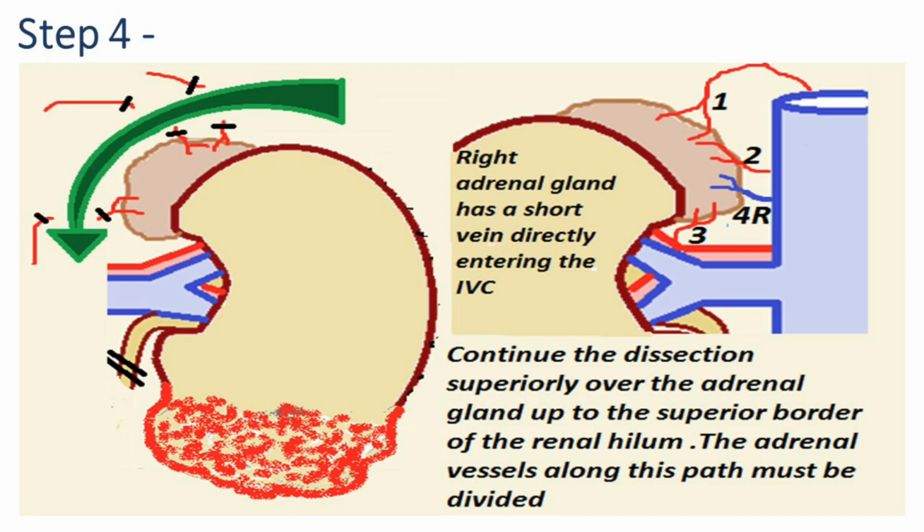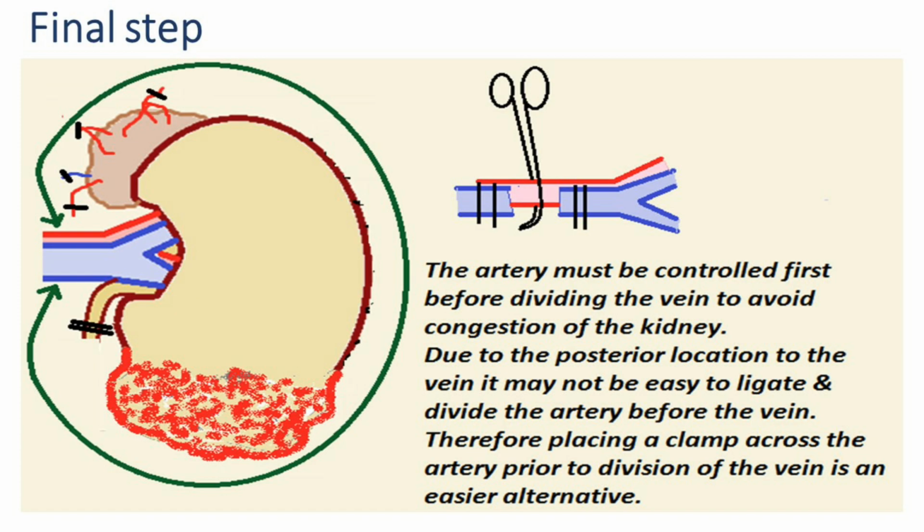The superior dissection is continued over the adrenal gland up to the superior border of the renal hilum. The adrenal vessels found along this path must be divided and secured. Now, the only attachments of the kidney are the vessels.